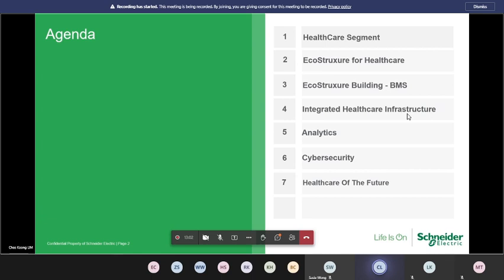Then we'll move closer to the building management system. When we talk about building management system, it's actually an integrated solution, so that's where we move into the next section: exploring integrated healthcare infrastructure. Then we move on to analytics. Finally, we move into cybersecurity. And at the end of the day, we look at the future of healthcare.